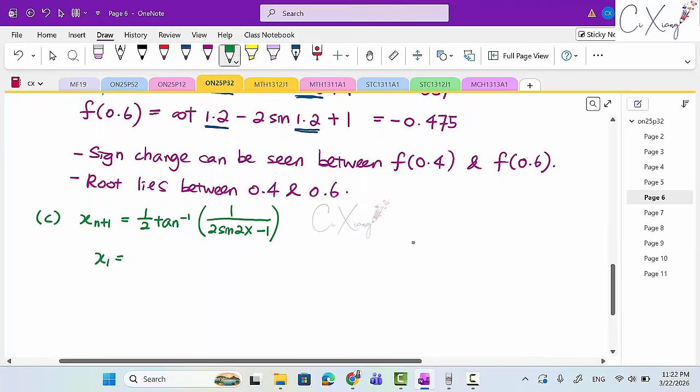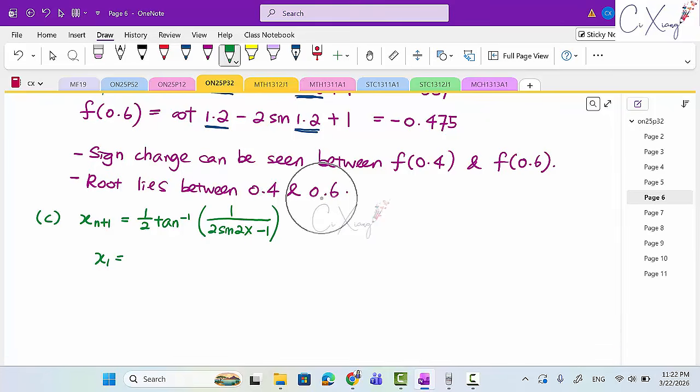So I can use any value between 0.4 and 0.6. If you want to start with 0.4 you can, and if you want to start with 0.6 you can. Usually I will just take an initial value within this range. So for me, the first value I take is 0.5.